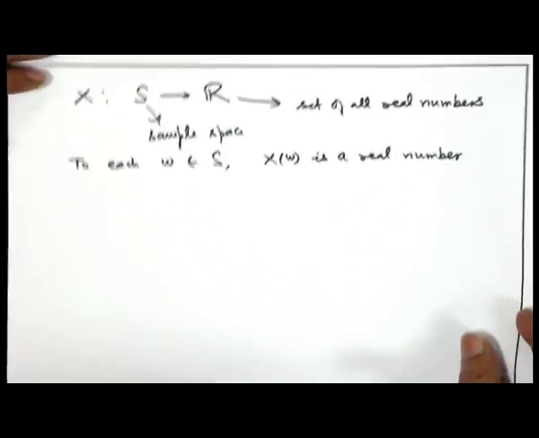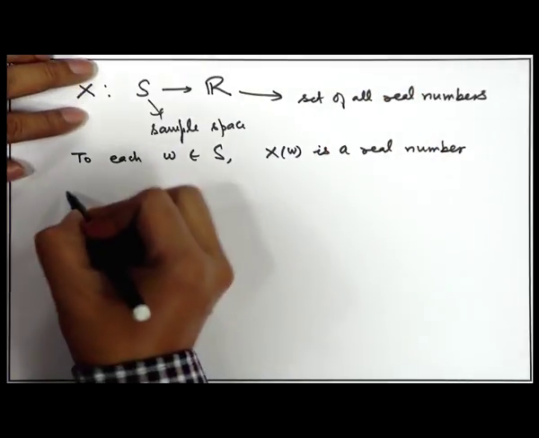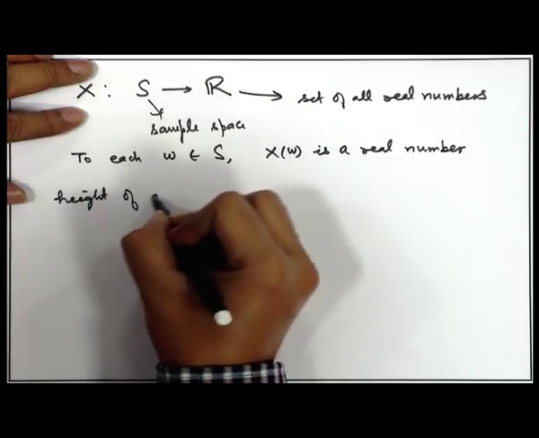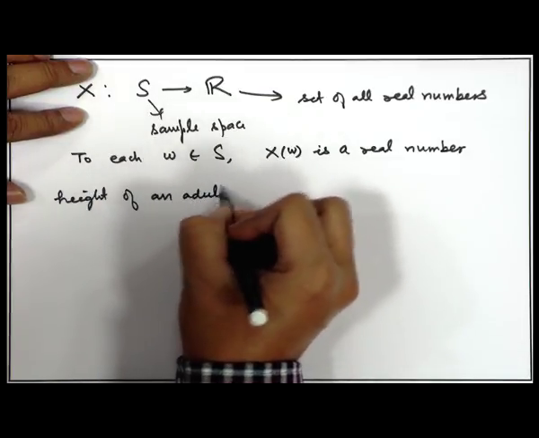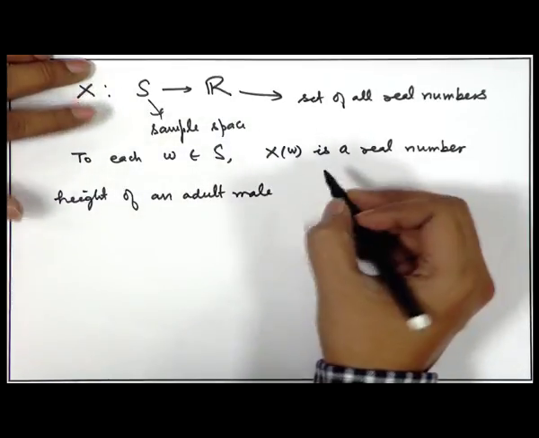So, examples of random variables can be, for example, if I look at the height of an adult male. So, this will be some number.